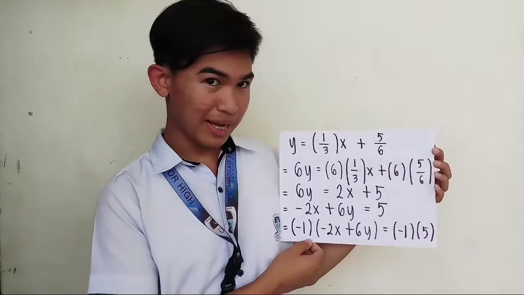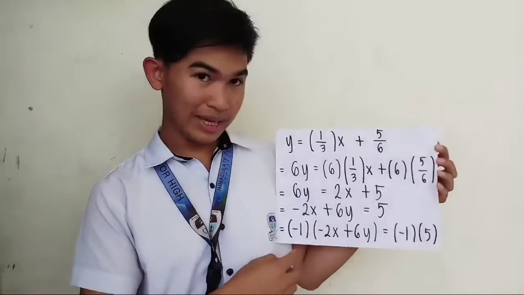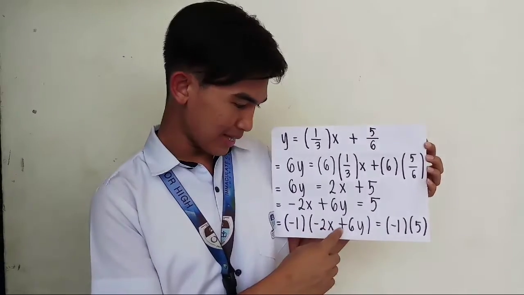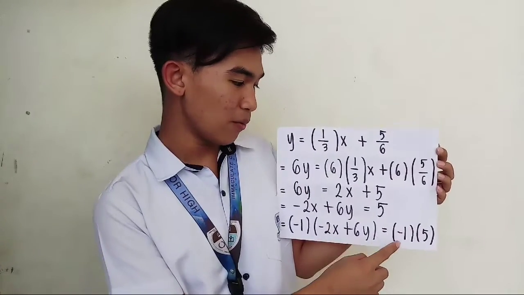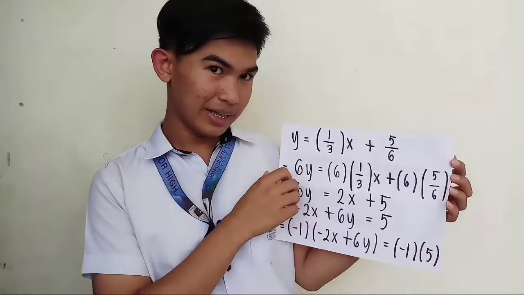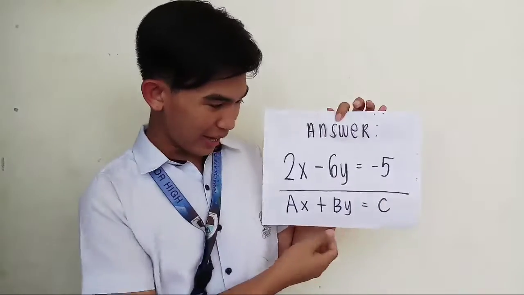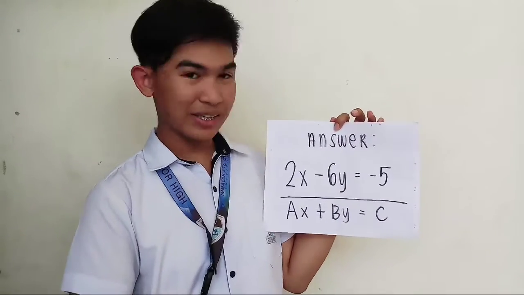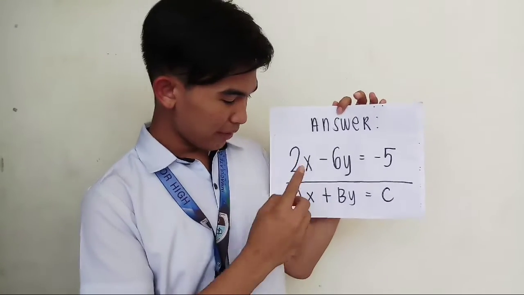So we're going to multiply all of the terms by negative 1. Negative 1 times negative 2x plus 6y is equal to negative 1 times 5. And the answer would be 2x minus 6y is equal to negative 5. And we can check it against the standard form of ax plus by.